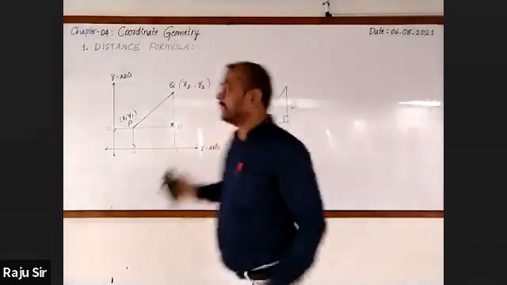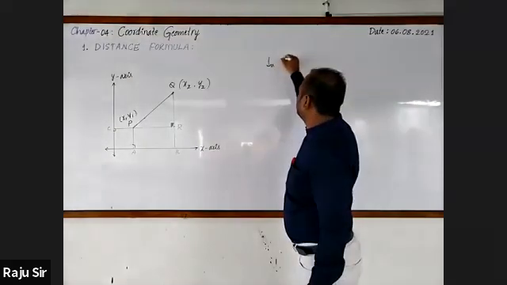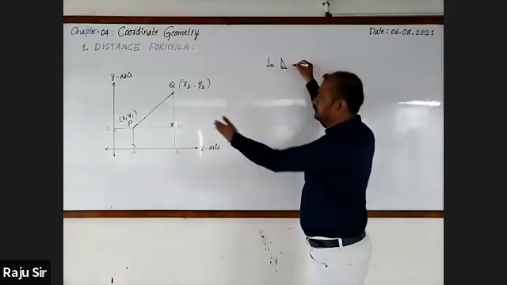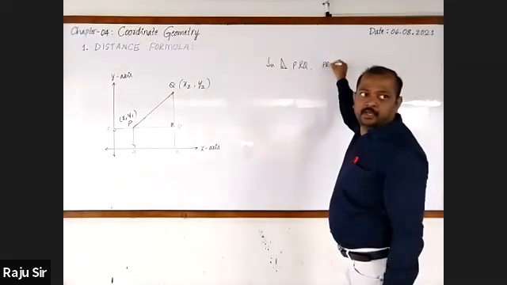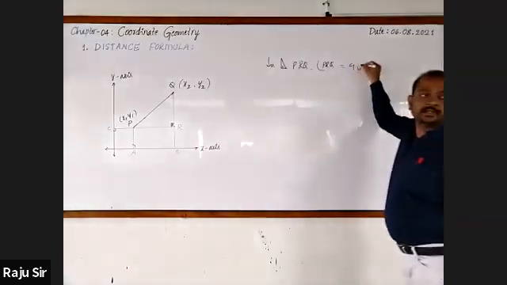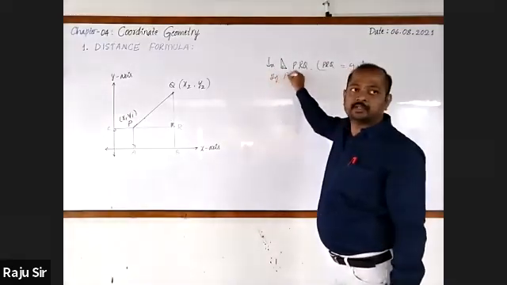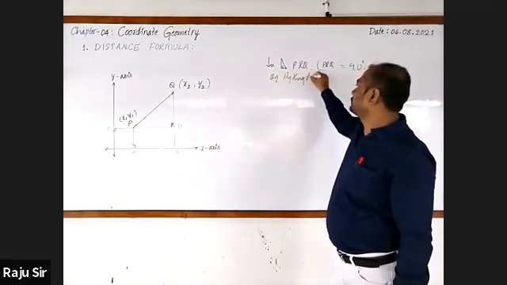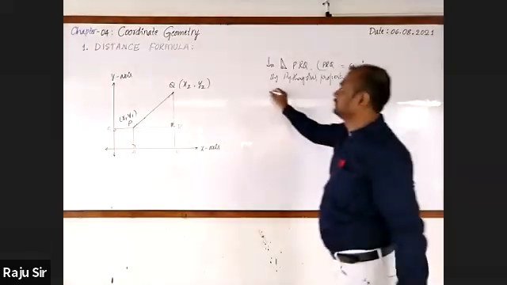So we got a right angle triangle and a rectangle. In right angle triangle PRQ, angle PRQ is 90 degrees. So which theorem can be used? Pythagoras property or theorem.